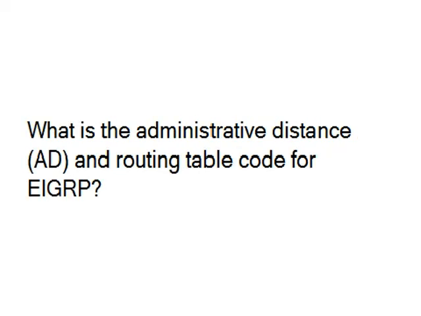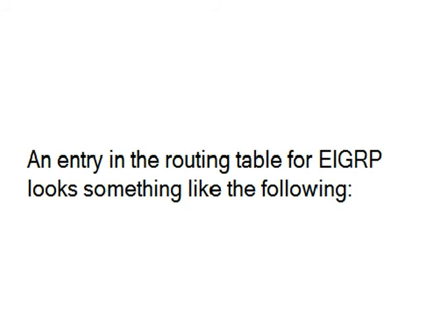What is the administrative distance, AD, and routing table code for EIGRP? An entry in the routing table for EIGRP looks something like the following. D 10.93.103.0/24 [90/5542656] via 10.226.100.0, 00:30:54, Serial5/0.